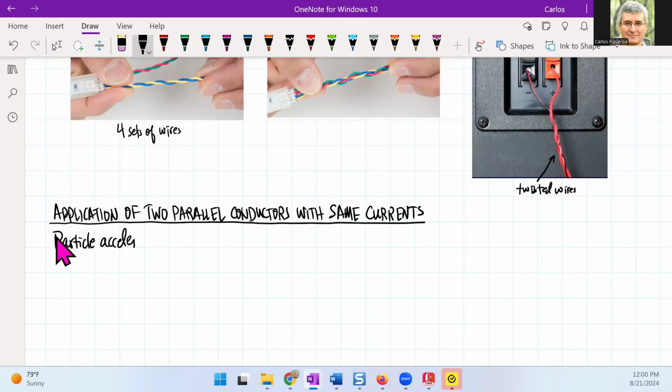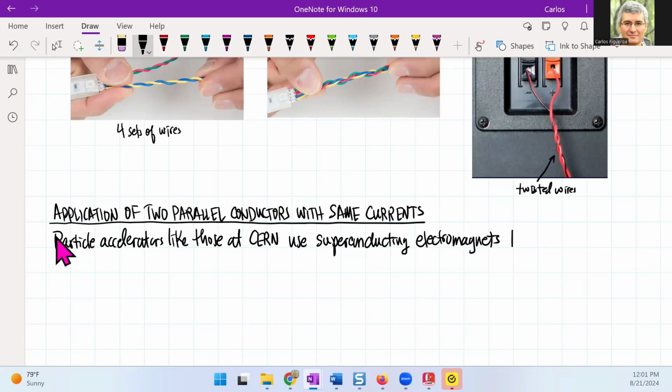Particle accelerators like those at CERN use superconducting electromagnets to produce huge magnetic fields, to steer charges along the accelerator.